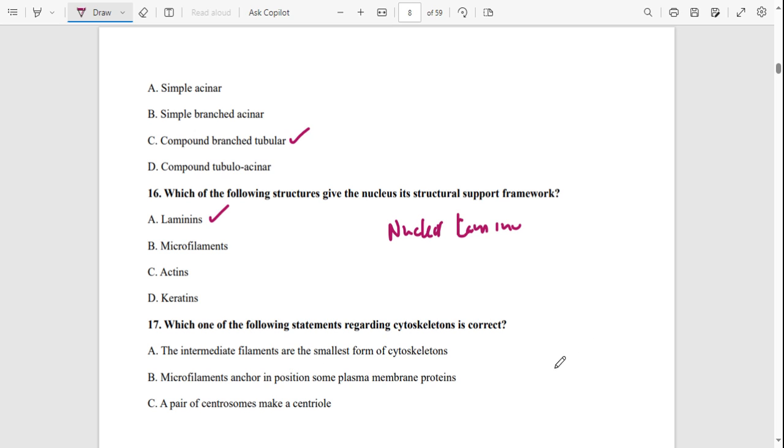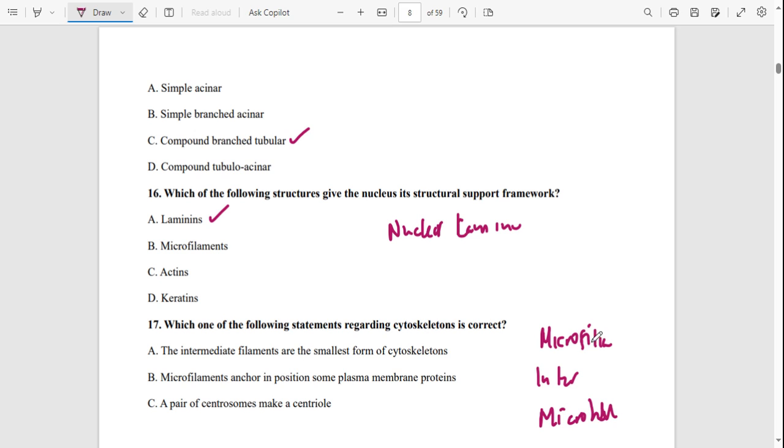When you're talking about the cytoskeleton, it is made up of microfilaments. We also have intermediate filaments. We also have microtubules.